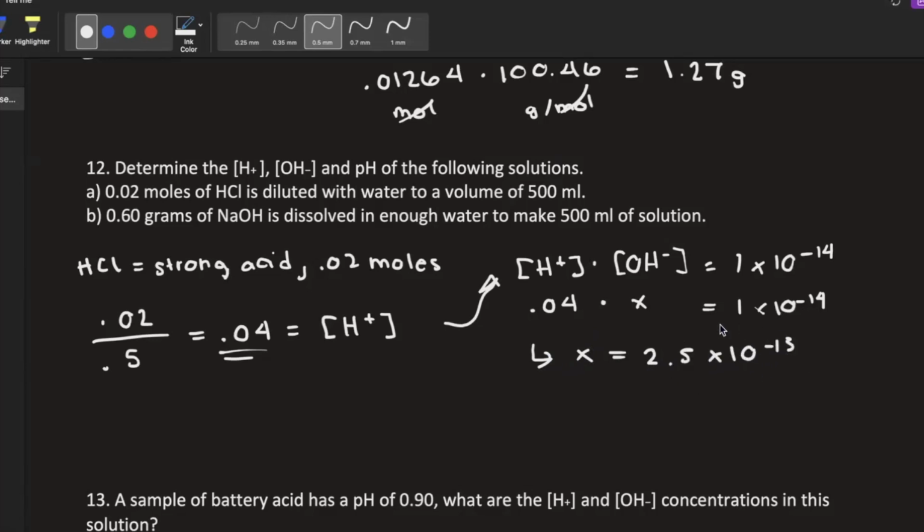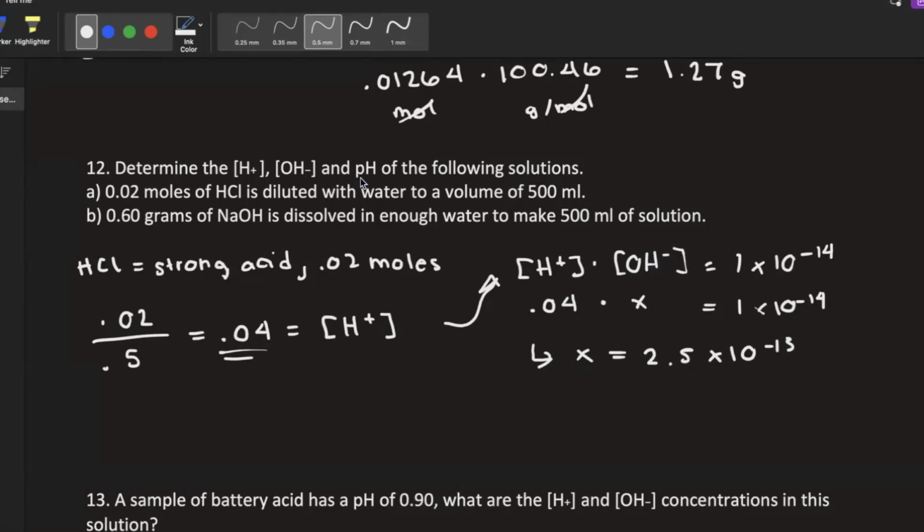If you're unclear on how we got to this number, all we did was divide 1 times 10 to the negative 14th by 0.04 to get x. Now we know the concentration of the hydrogen ion, and now we know the concentration of the hydroxide ion.